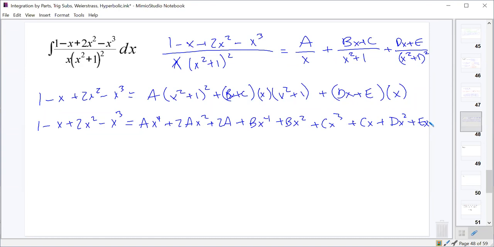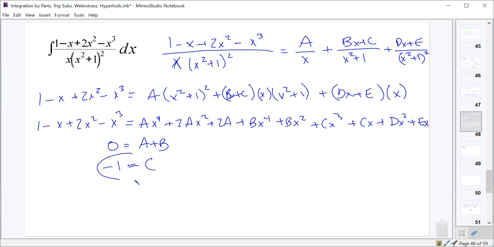Yes. Great. And it looks like it's going to be a pretty heinous system of equations, but it's actually really not. So if I look on the left-hand side, how many x to the 4th do I have? 0. And I have A plus B on the right. And how many cubes? I have -1 x cubed, and over here I just have Cx cubed. So there we go.